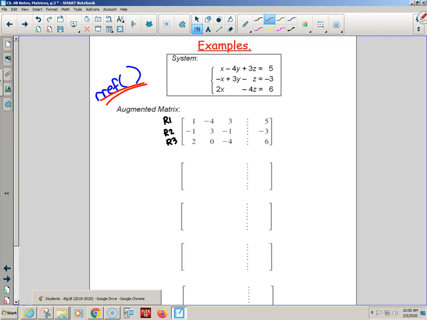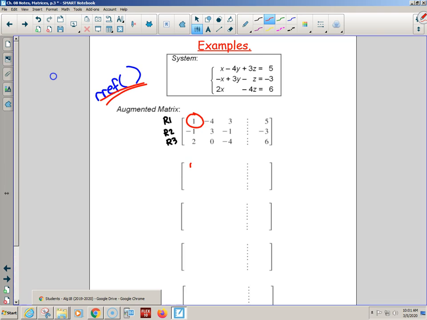So, here we go. In the first column, remember, we're trying to get to an identity matrix. In the first column, we want the 1 in this spot, which we already have. But now we need to get the 0. So I'm skipping the multiply by the reciprocal part because I already have my 1. And I'm skipping ahead to multiplying whatever row has the 1, R1, by the opposite of each of these numbers in order to add and eliminate them to make them zeros.